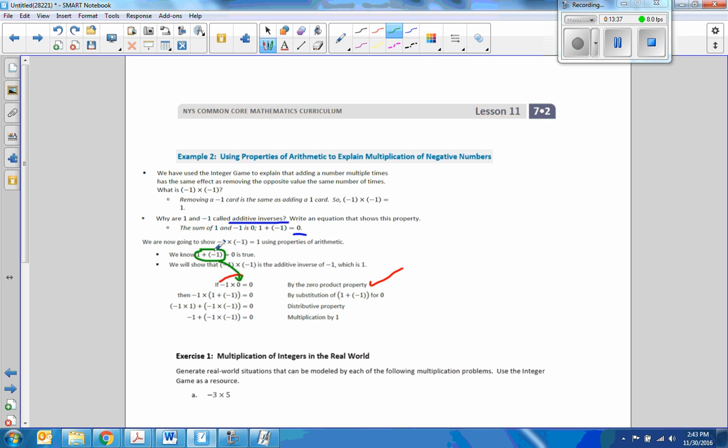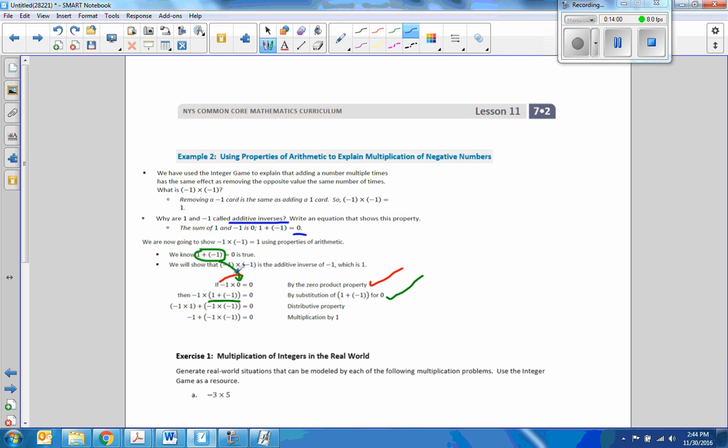Since 0 equals 1 plus -1, I can put this wherever there's a 0. So now I have this -1 times, instead of 0, 1 plus -1, which is my green here, because it's equal to 0. Substituting in 1 plus -1 for the 0 value.